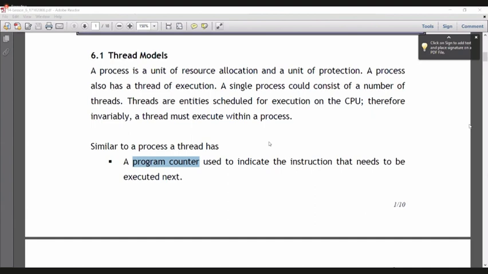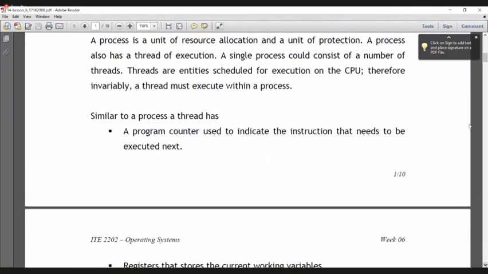It is not the order you are writing when you execute the program. You have different pointers to move here and there. But the program counter has the exact order of executing instruction by instruction. Okay, so you should learn these terms.